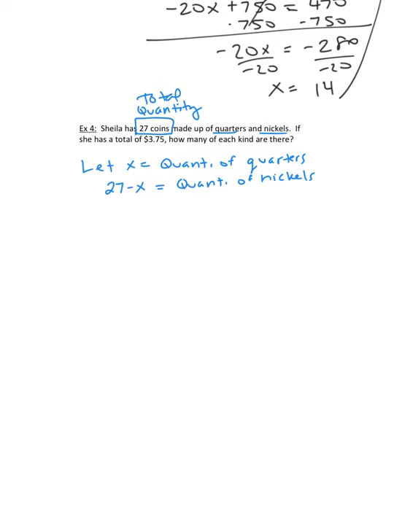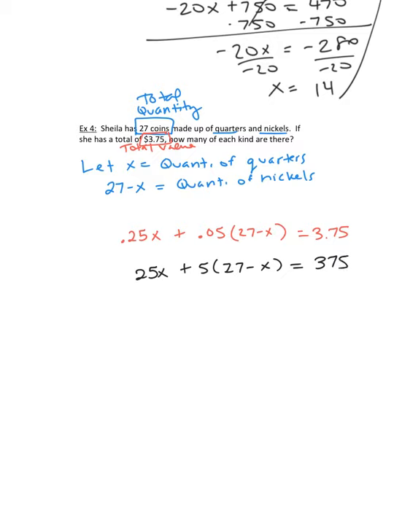And the value of my coins is $3.75. That's my total value. So my equation is going to be based on the value of your coins, but remember you have to multiply by what they're each worth. Quarters are worth 25 cents, so I have 25 cents times x, plus nickels are worth 5 cents each, so 5 cents times 27 minus x, which is the number of nickels. I'm going to clear the decimal and skip the step where I write times 100. I'm just going to go 25x plus 5 times 27 minus x equals 375.